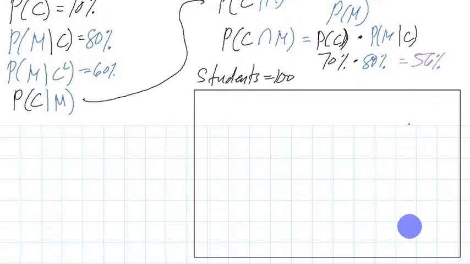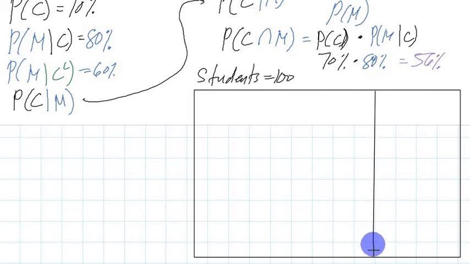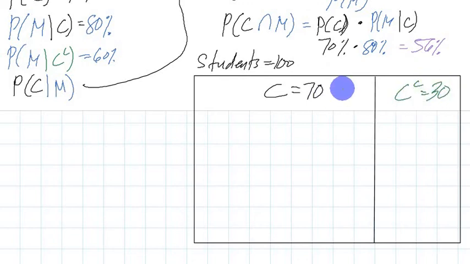So let's divide our students in such a way that this side here is the event that students carry a cell phone, 70%. So let's assume this is a total of 70, while the other side do not carry cell phones, so this is 30, obviously.